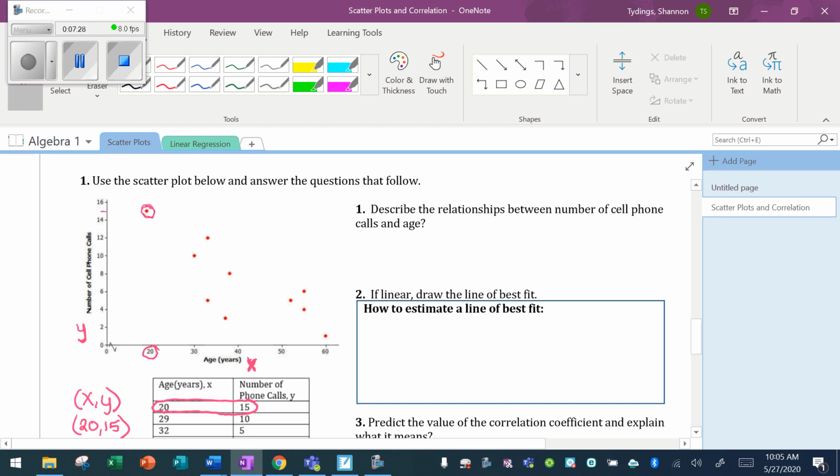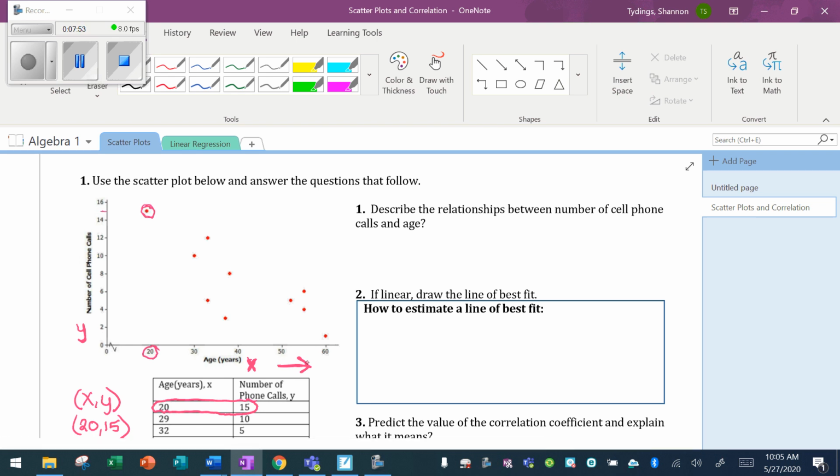So let's describe the relationship between the number of cell phone calls and age. So let's think about this. Would this have a positive correlation or would it have a negative correlation? So if we take a look as the X values increase, so as we move from left to right, are those Y values increasing or decreasing?